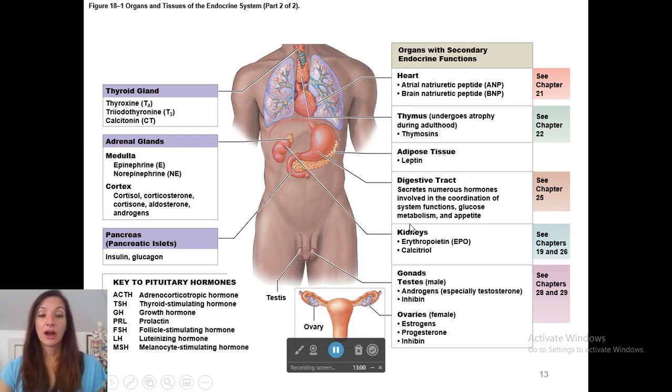Now over here on this side of the diagram, we have organs with secondary endocrine functions. So we have the heart. We know that the heart is part of the cardiovascular system, but it also has an endocrine function. Then we have the thymus, and don't confuse the thymus with the thyroid gland. The thymus is inferior to the thyroid gland, and it is also in the proximity of the trachea.